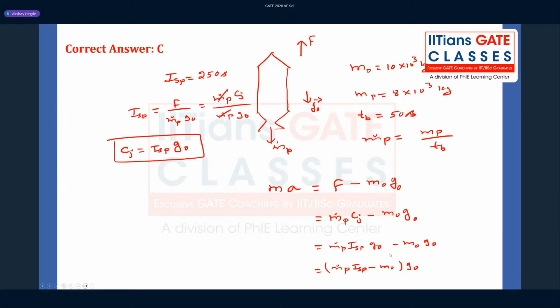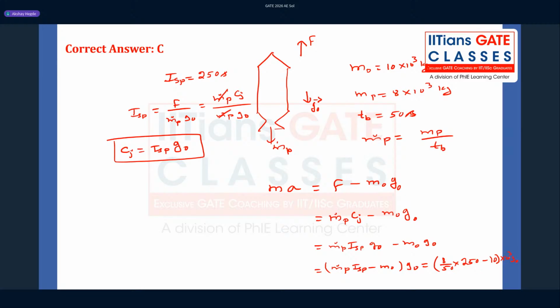So m dot p, that we know, that is nothing but mp over burnout time. So if I replace that, Isp is 250 seconds, mp is 8. So this is nothing but 8 divided by 50 times Isp, which is 250, minus 10 into 10 power 3, that we cannot forget, so times g naught.